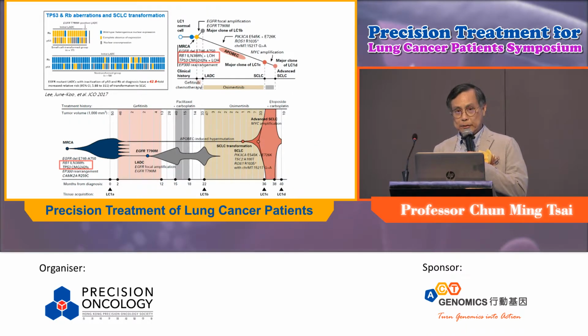P53 is notorious for poor outcome, not only for poor response to treatment, but in patients who have P53 and also RB gene mutations, they have a higher chance to have small cell transformation.